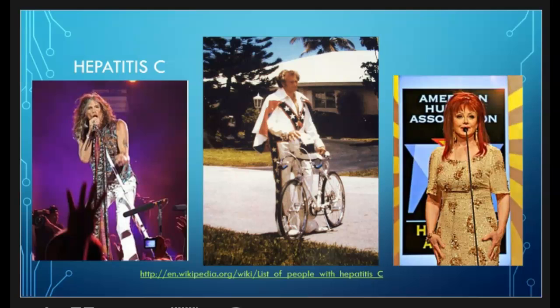The anti-hepatitis C virus IgM means acute, recent, current infection. The anti-hepatitis C virus IgG means past infection or immunity. And these are some famous people that have hepatitis C.